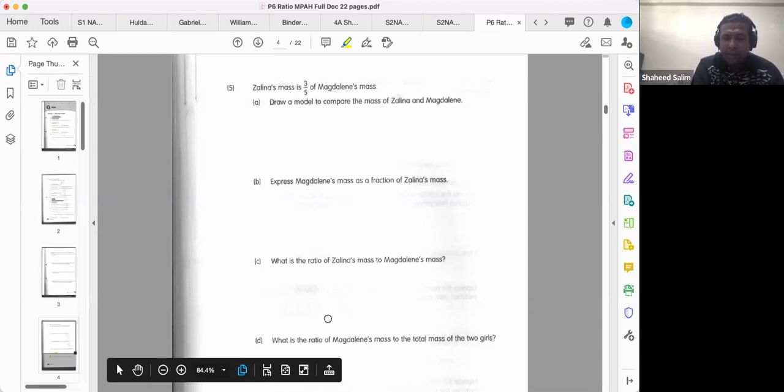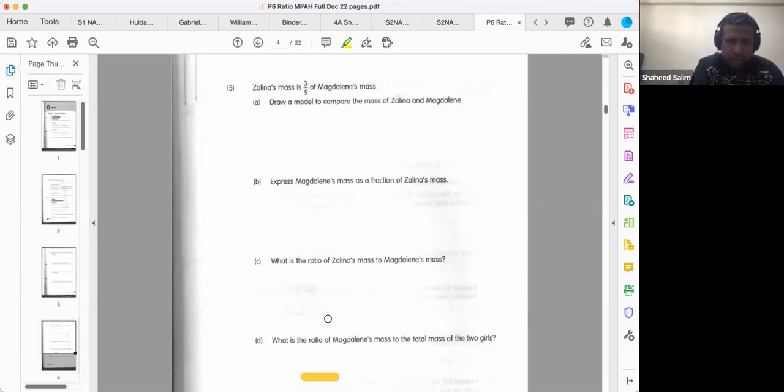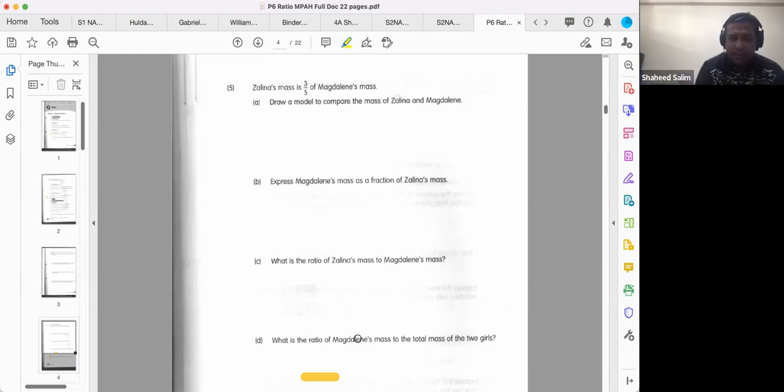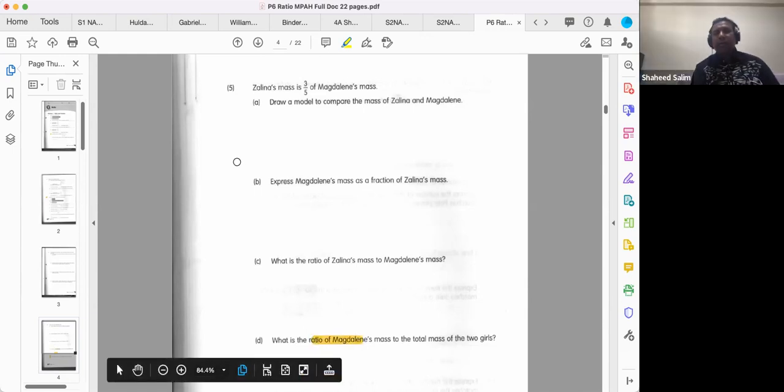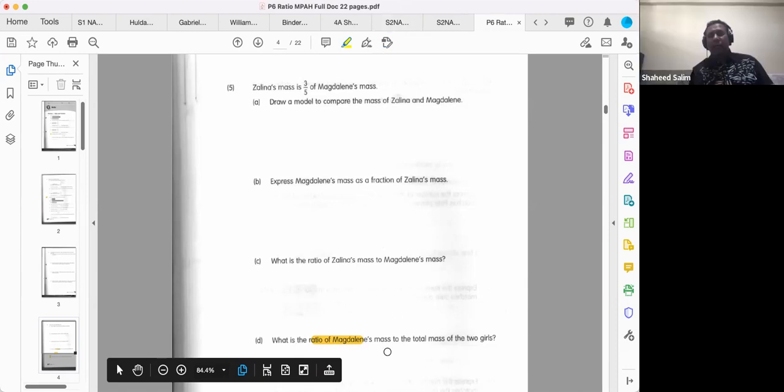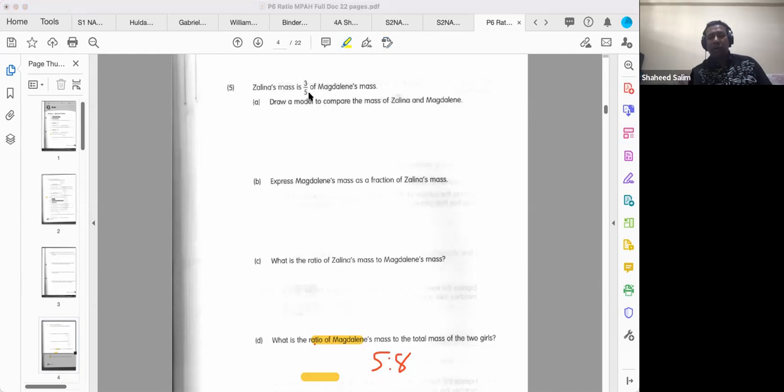What is the ratio of Magdalene's mass to the mass of the two girls? 5/8. Yes, 5:8. Because they say ratio, you have to write it this way. For a fraction, you go the other way: the bottom one goes down here, the top one goes to the first one. You know this, right? Good so far. All good for ratio.